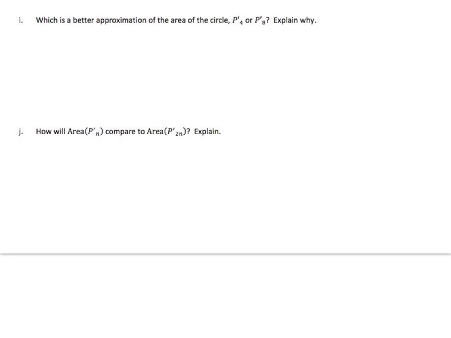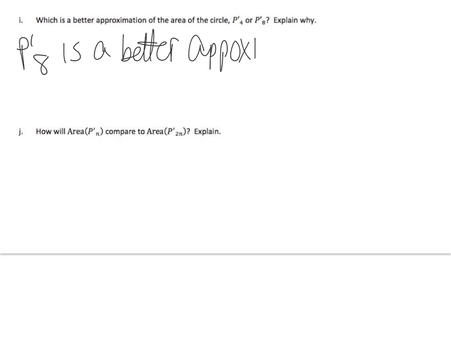Which has a better approximation of the area of a circle, p prime with 4 sides or p prime with 8 sides? P prime with 8 sides is a better approximation, because it's closer to the shape of the circle, it's tighter in, right?